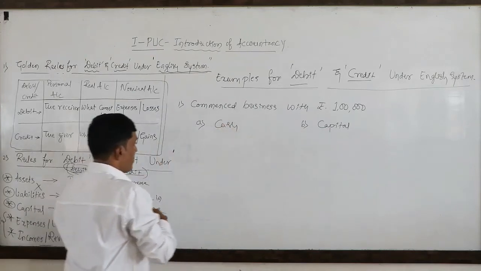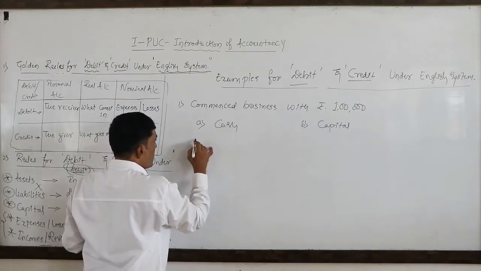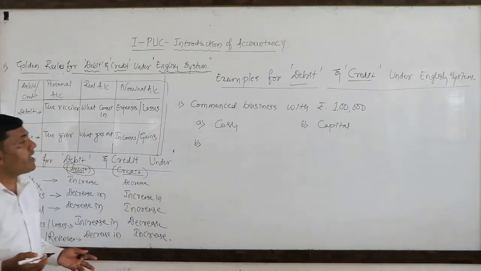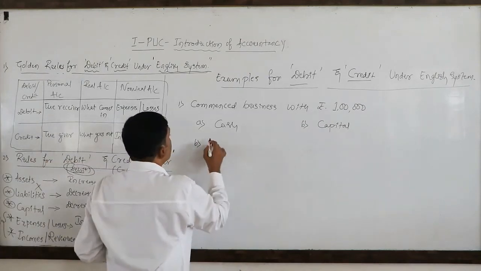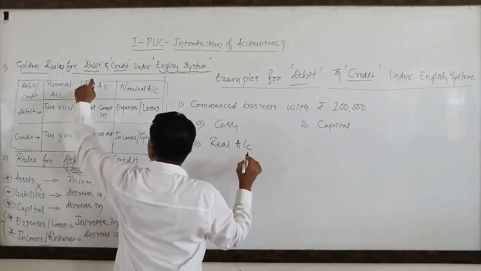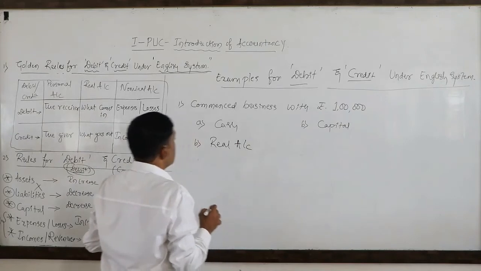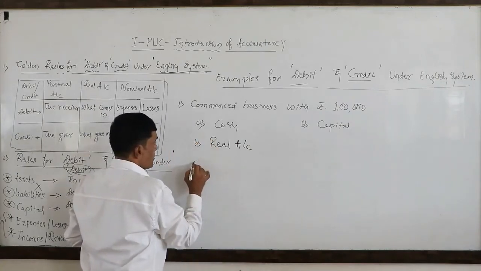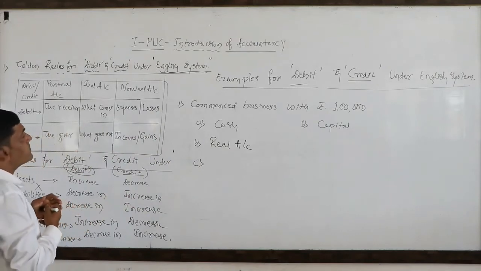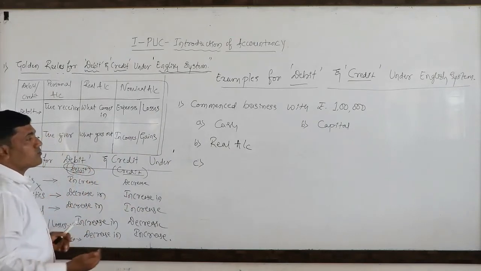So look here, cash is a thing. Things come under a real account. Cash is the real account. As for the real account, what comes in, what goes out.